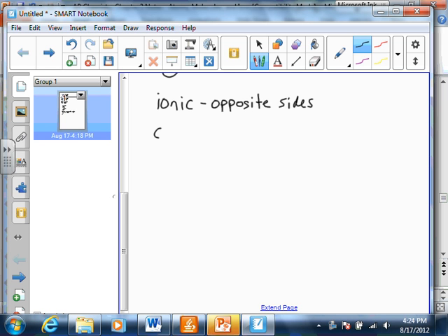Covalent is the same side, and maybe I should also write in parentheses here, opposite sides. Ionic is going to be a metal and a non-metal. And then here, covalent is two non-metals on the same side.